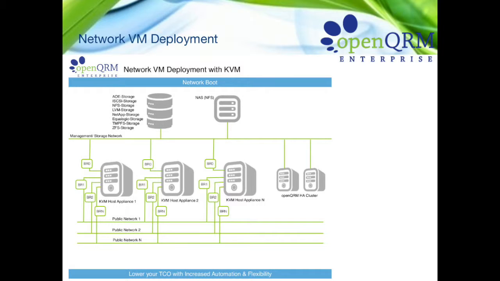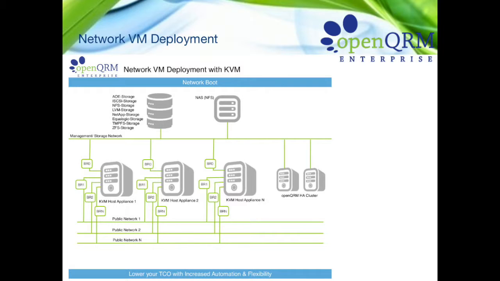The virtual machine host itself, several systems with bridges, or network bridges, are configured so that they can be attached to different public networks for the KVM virtual machines, and an openQRM server or an openQRM HA cluster manages the storage and the physical systems. Or better to say, in this example, the virtual machines on the physical systems.